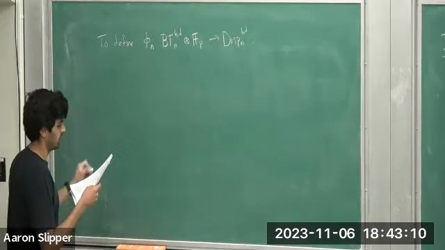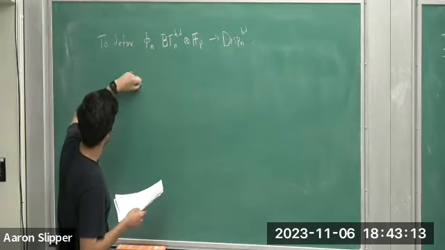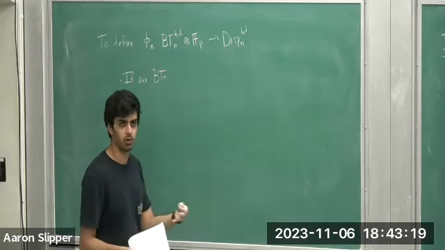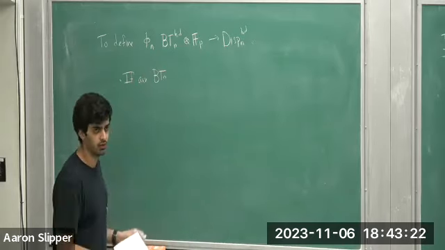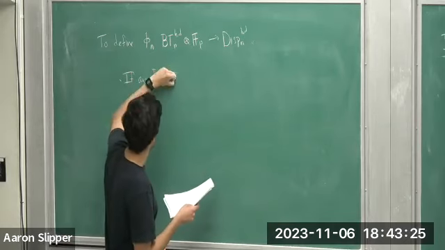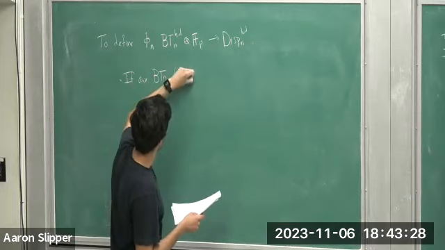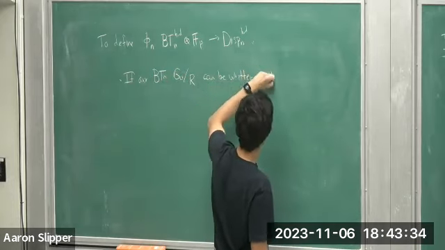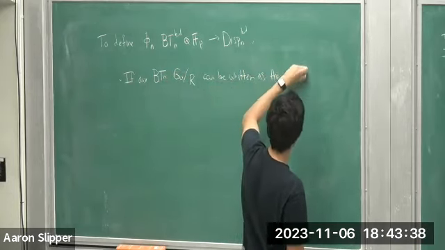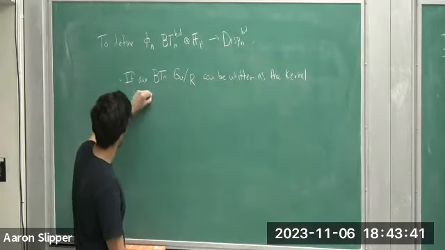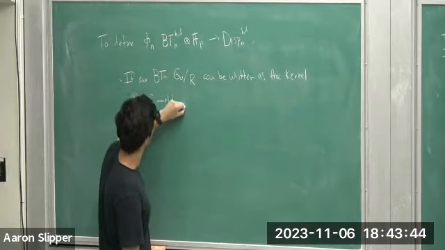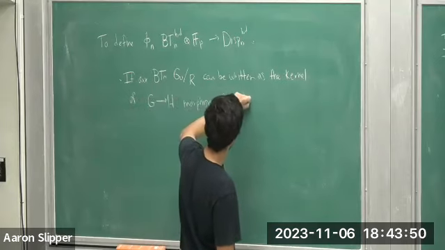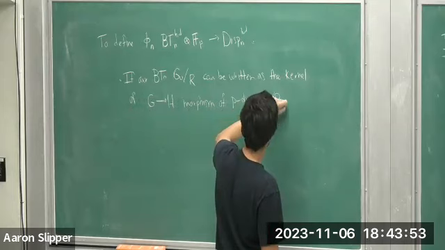Kind of the idea is that if our BTN can be written as the kernel of a morphism of p-divisible groups, then use those to define the truncated display.